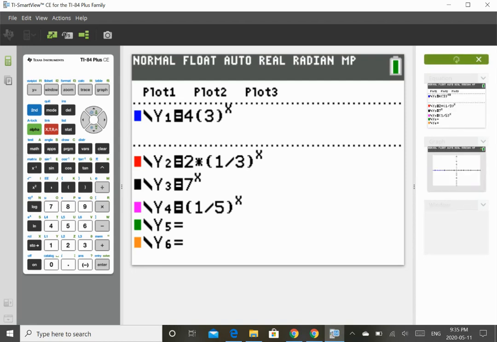And I'm going to graph all of these functions together to start, and then we're going to look at them individually. So let's go ahead and look at the graph. Okay, so there's all 4 of them in there.